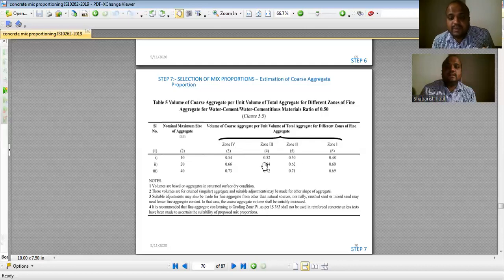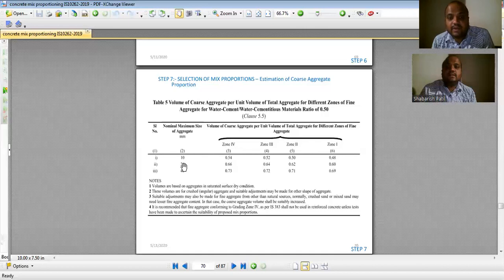Depending upon that, I should know the zone of the fine aggregate, and looking at the size of the coarse aggregate, say I am using zone 2 aggregate and my coarse aggregate size is 20 mm, then my volume of coarse aggregate is 0.62. Look at the table title: I am getting the volume of coarse aggregate per unit volume of total aggregate.